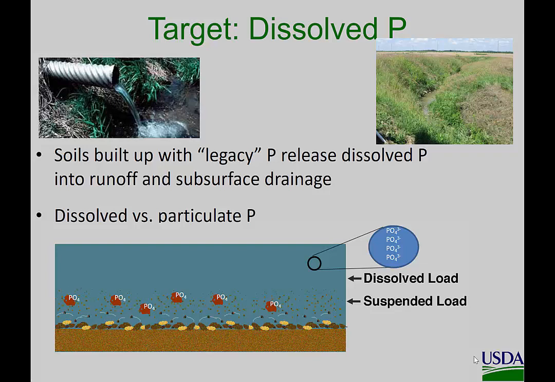Of those forms, particulate phosphorus is much easier to prevent transport of. Most of you know, through erosion control practices, we can prevent particulate phosphorus losses. However, the other form of phosphorus transport, dissolved phosphorus, is a lot more tricky. It's a lot more difficult to keep in one place when soils become very high in soil test P levels.